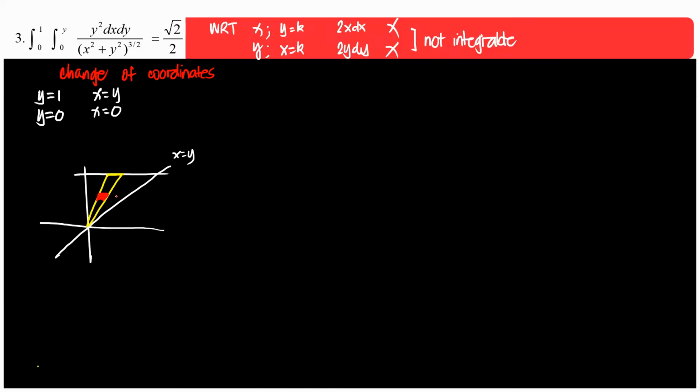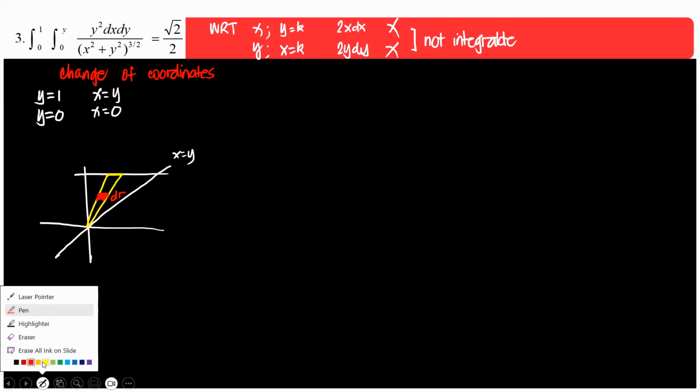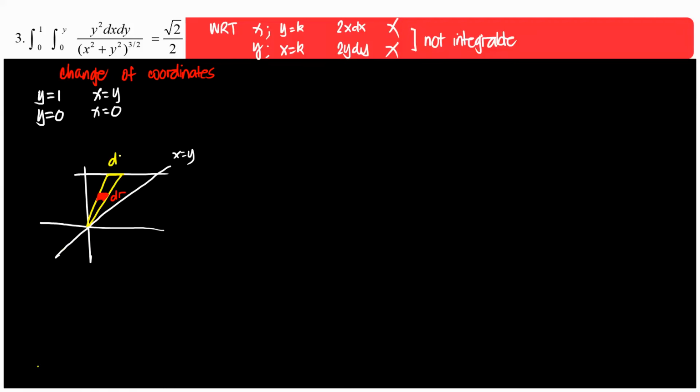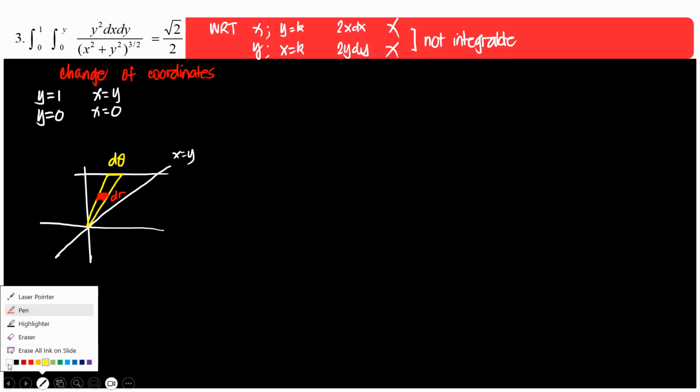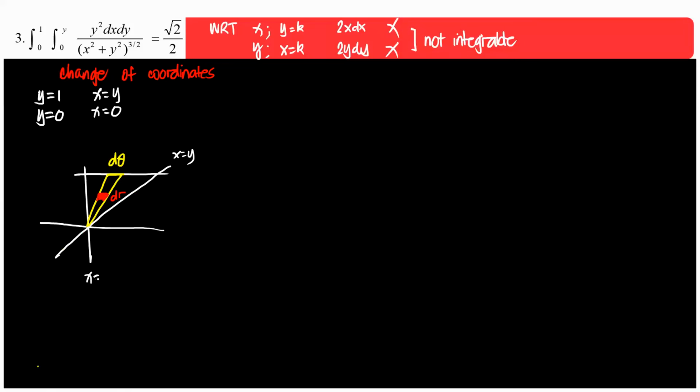This one, again, is dr. And for the wedge, this is your d theta. Let's just label the parts: x equals 0, y equals 0, y equals 1. So we know that when we integrate, this has to be from R1 to R2, theta 1 up to theta 2.